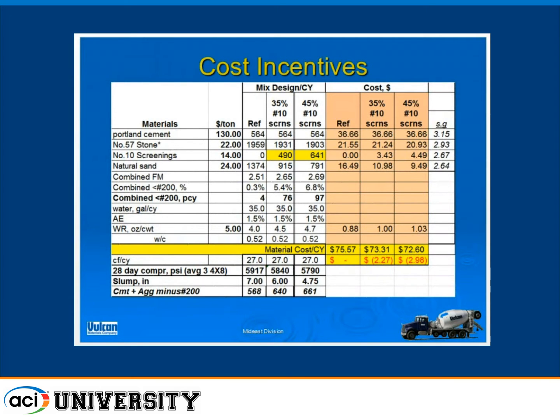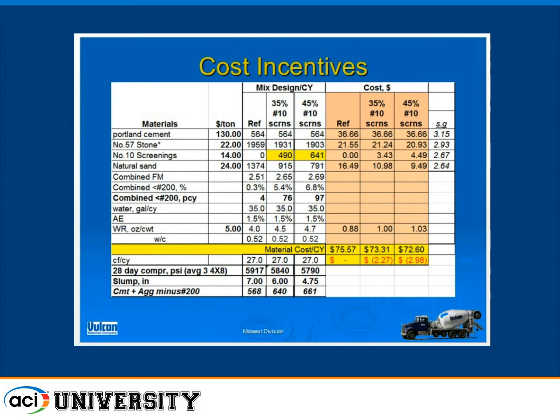As I mentioned earlier, it's a waste material. There's a tremendous cost or economic incentive for a ready-mix producer like myself to try to utilize this material. Just to quickly go over some of the cost figures, we're looking at using the reference mix. All this is done with 564 pounds of Portland cement.